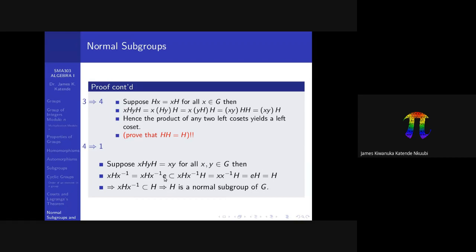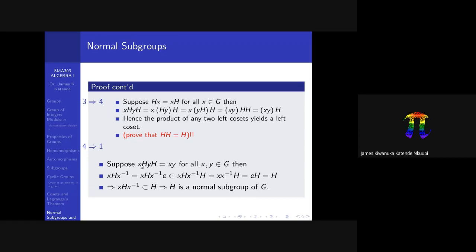And then I can replace the identity with a bigger set, that is H, and that guarantees that this will now be a subset of this new bigger set, because this identity is already contained in H. If I replace it with a bigger set, then what I have here turns out to be a subset of this bigger set, xHx⁻¹H.